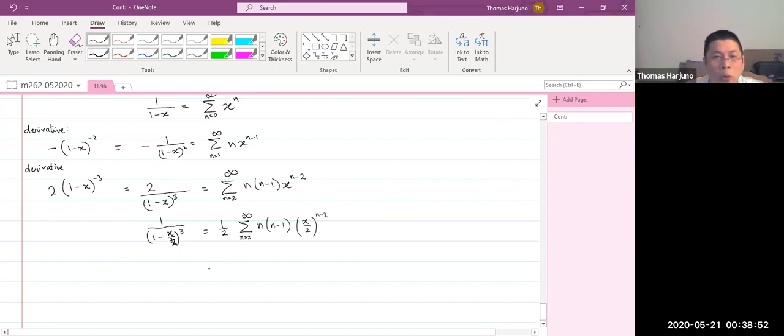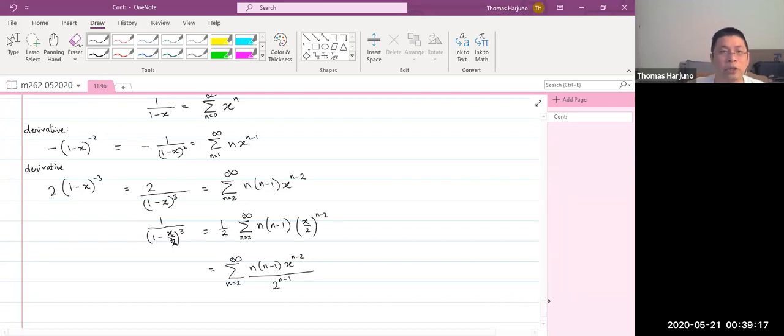Or n times n minus 1 times x to the n minus 2 over 2 to the power of n minus 1, because I multiply the 1/2 in. Hey, we are very, very close already.